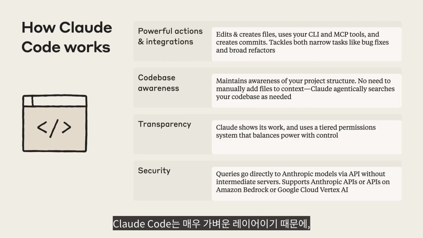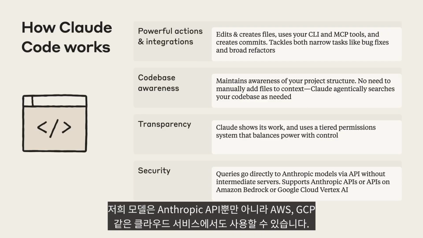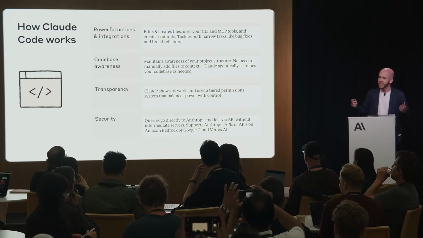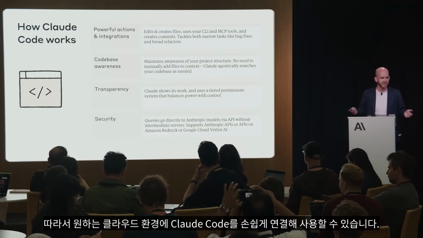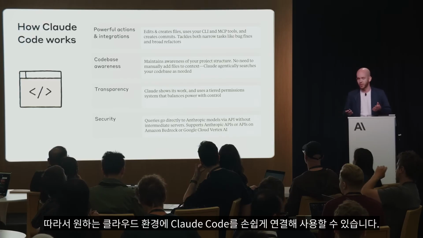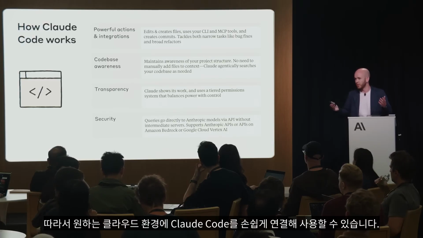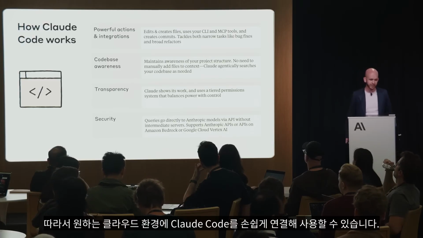Because Claude Code is such a lightweight layer on top of the model, and our model is available not just behind Anthropic APIs but also with our cloud providers, AWS and GCP, it's very easy and native to point Claude Code at one of these other services if you feel more comfortable consuming Claude that way.